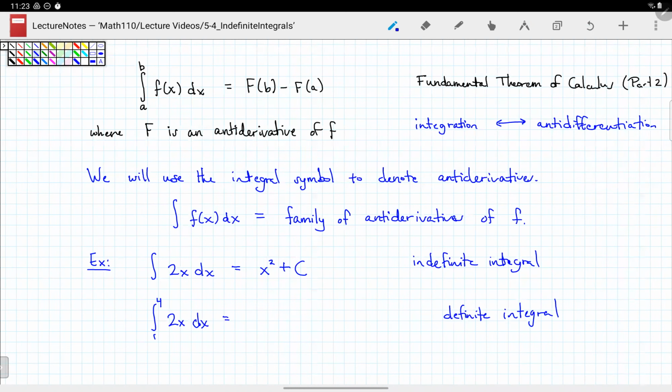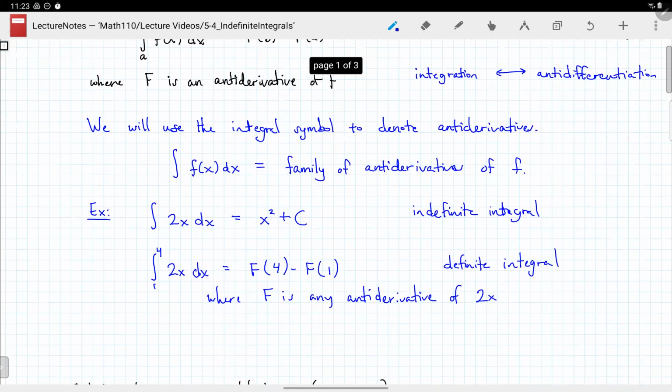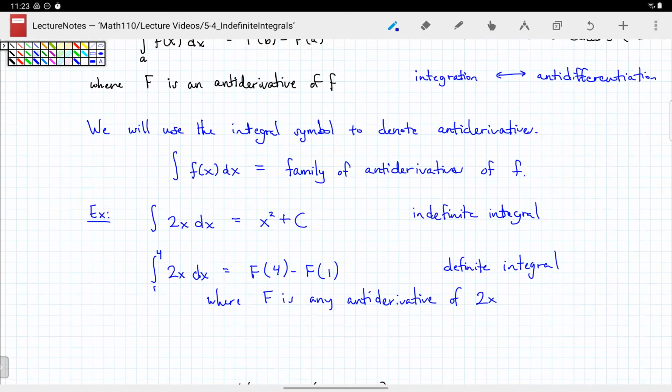And this is where I would use the fundamental theorem of calculus part 2 to say, find any one antiderivative, capital F, and I'm going to take F of 4 minus F of 1, where capital F is any antiderivative of 2x. So we could, for example, take capital F of x equals x squared.